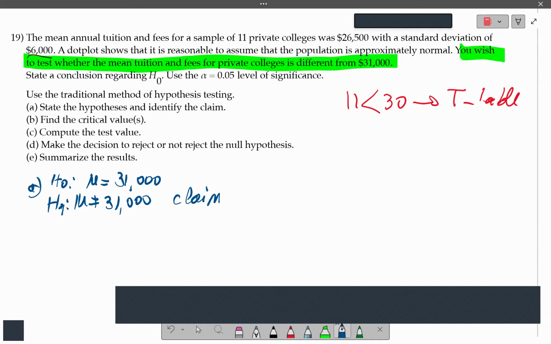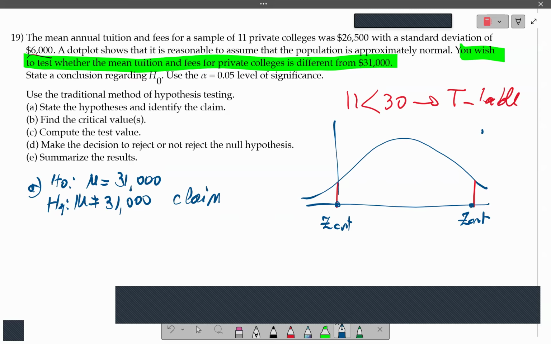So once I knew my claim, I can make a small chart and I can figure out this is the two tails. And this is going to be my Z critical. I don't know yet what the values are, but this is what's going to happen.